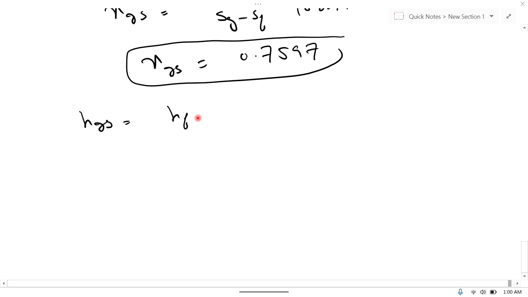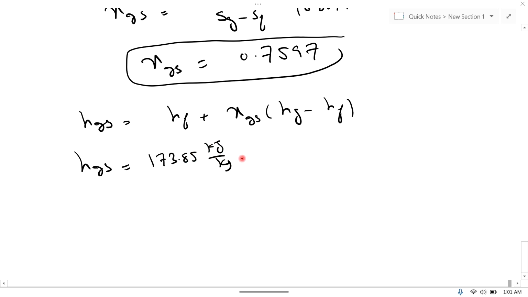Now we can easily find H2S with the help of the formula. H2S is equal to HF plus X2S into Hg minus HF. Putting values in this formula, HF is equal to 173.85 kilojoule per kilogram plus X2S, 0.7597, times Hg minus HF.